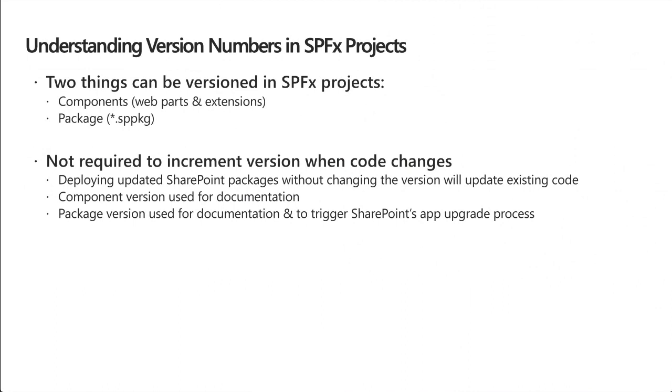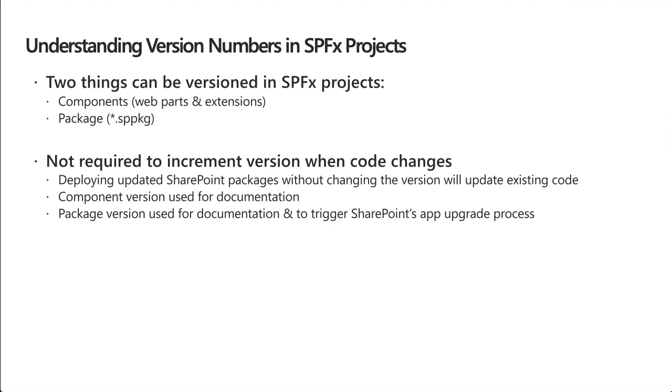Now, let's first understand version numbers in SharePoint Framework projects. There are two different things that we can version in a SharePoint Framework project. We can version the component itself, such as a web part or an extension, and we can version the package itself as well. What's interesting about this is that it is not required to increment the version numbers of either one of these when you make a code change.